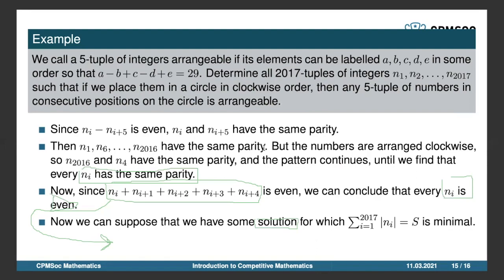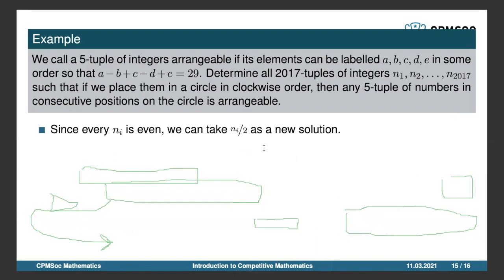So we assume there is a solution where the sum of the absolute values of every number is minimal and equal to S. So it means the smallest solution in some sense for the ni's. All right, so now I can go to the next slide.